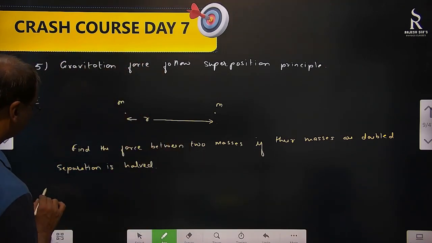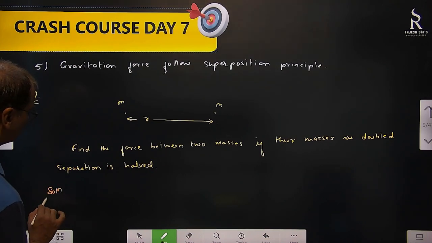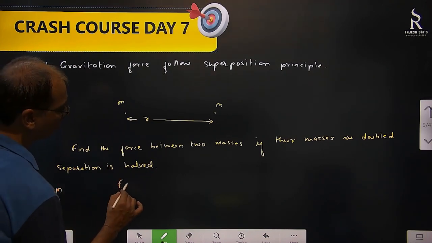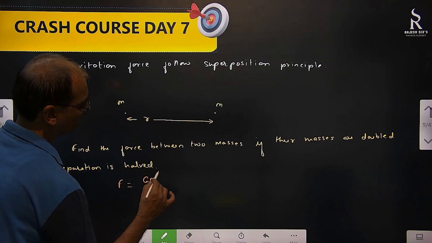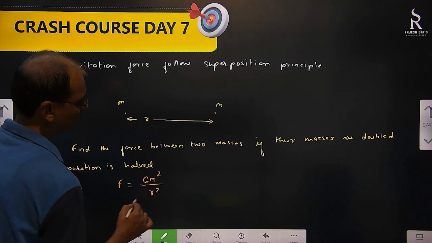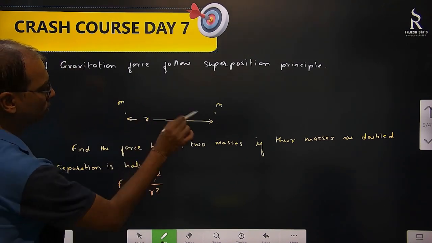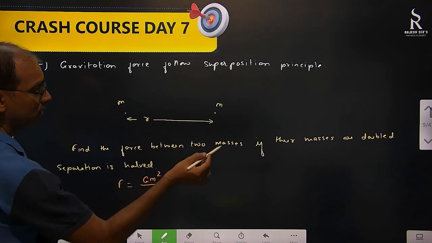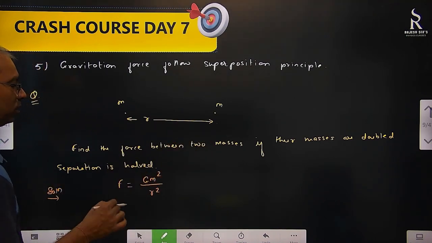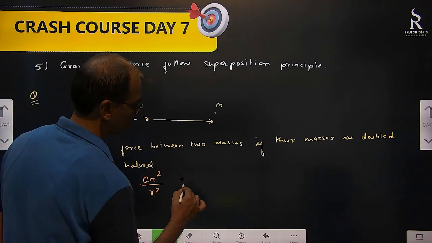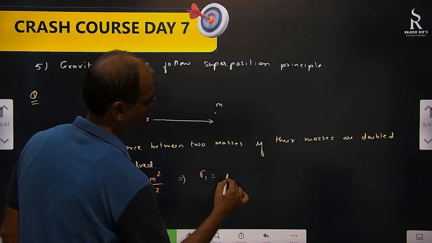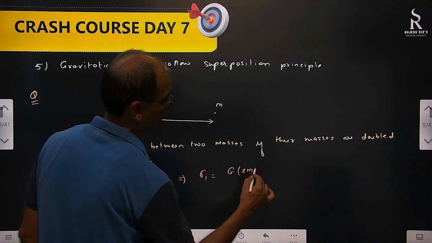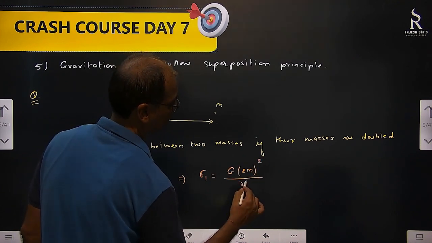Initially, okay, we know that the force is G m square by R square, or G M1 M2 by R square. So this is the initial force. Now they are asking, when masses are doubled and separation is half, what is the force? So okay, F1 is G into 2m whole square by R by 2 whole square.